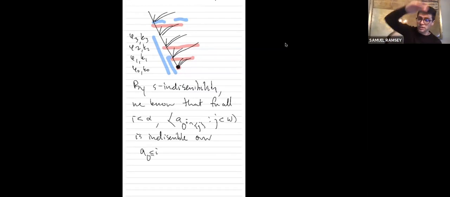So that's like everything up to that point. This is clear from the definition of S-indiscernible tree.